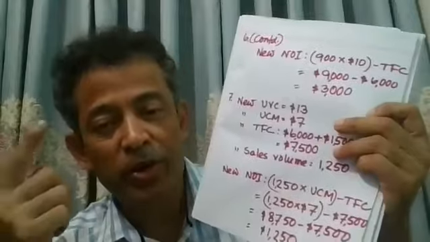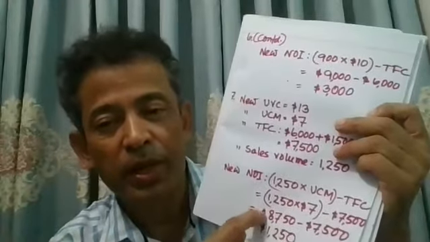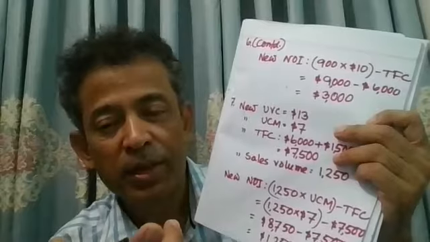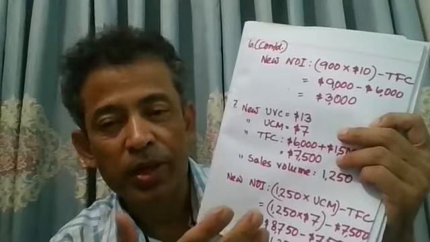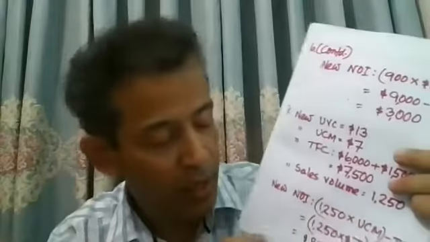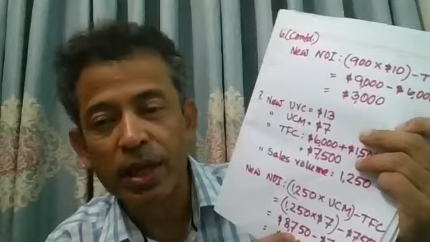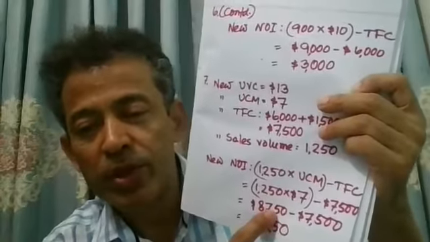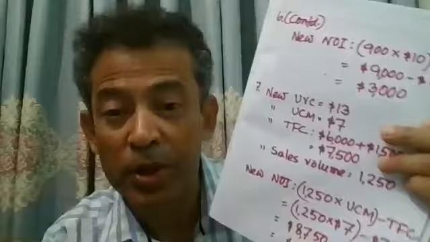Even though we are selling 250 more units, our total contribution margin is still only $750 more than the original 8,000. So that extra $750 would have contributed to our profit.